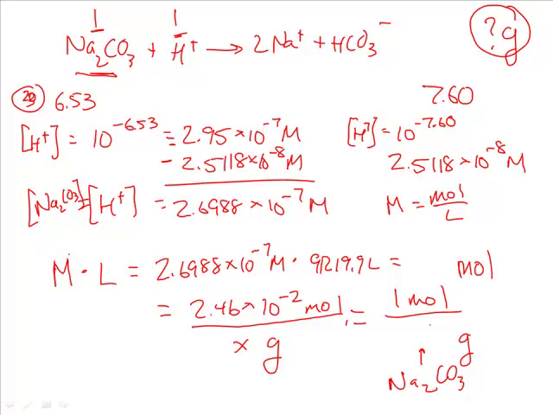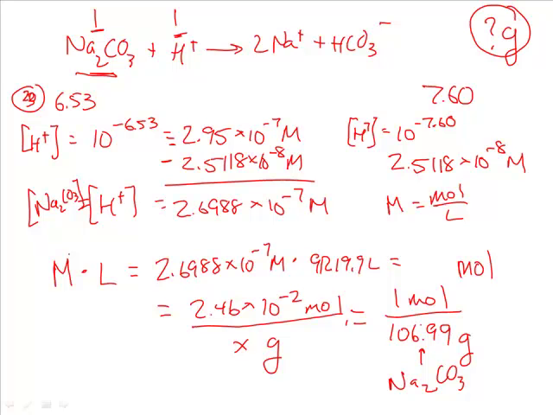So sodium carbonate is 2 sodiums plus a carbon plus 3 oxygens there, and this should equal I think about 106.99, approximately the molar mass of the sodium carbonate.